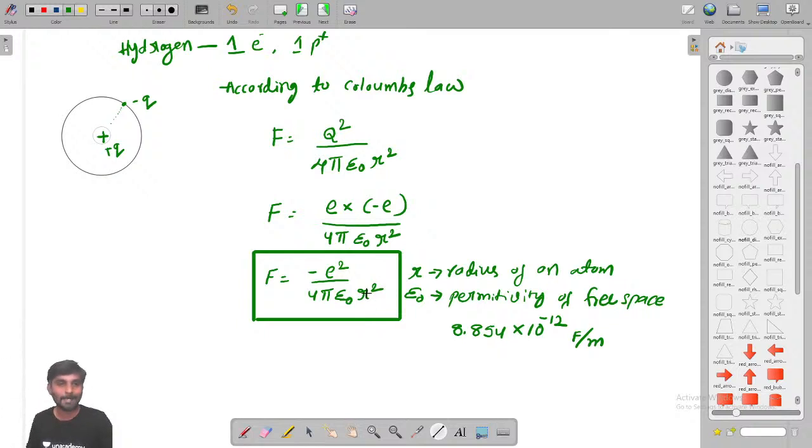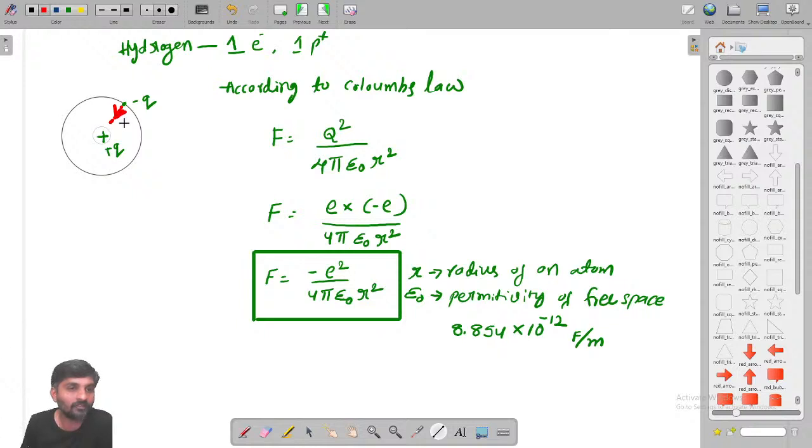Now here is another important thing to remember. This electron is revolving around the nucleus at high speed.